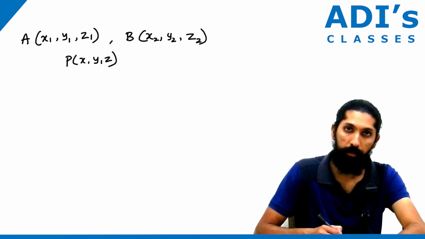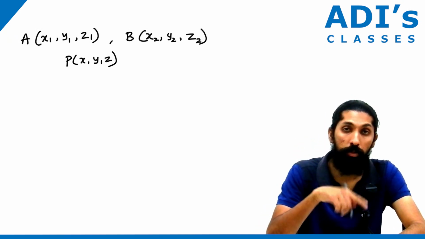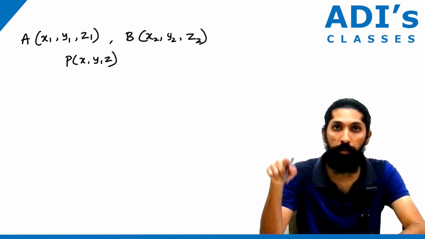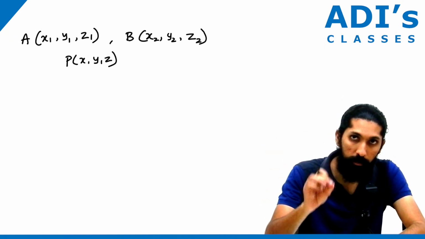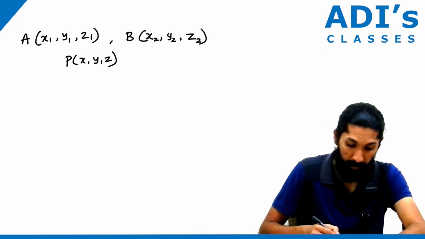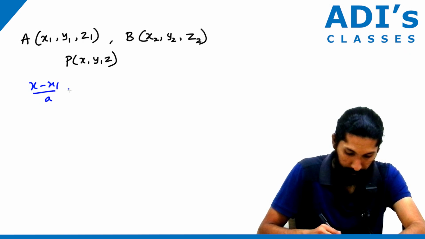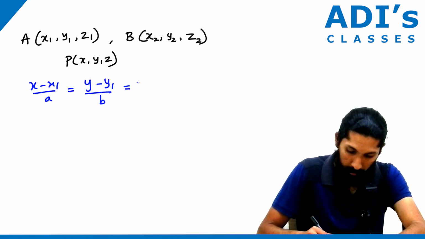We can again use the same thing, that is R is equal to A plus lambda into B minus A. But then instead of that, we'll go back to the previous formula. See, the previous formula what we had was what? x minus x1 by A is equal to y minus y1 by B is equal to z minus z1 by C.